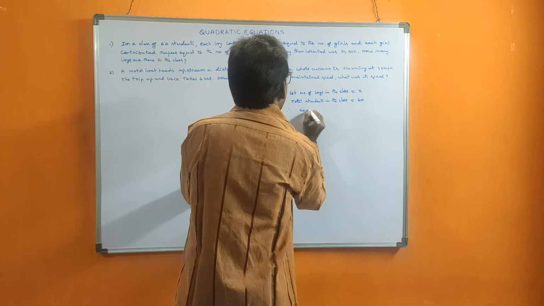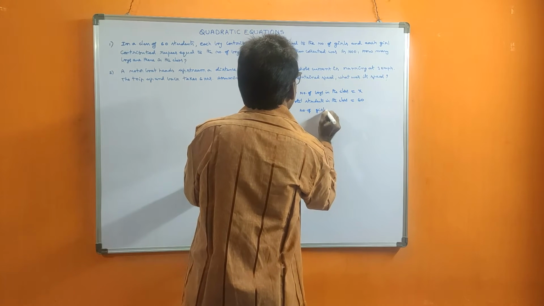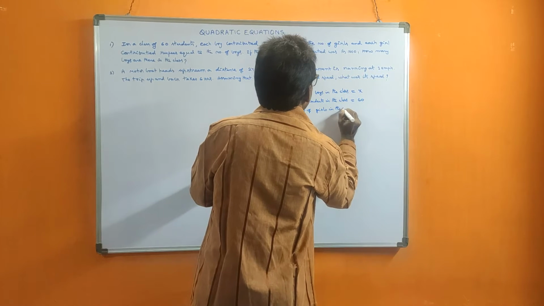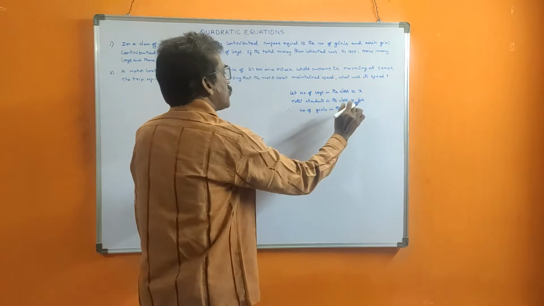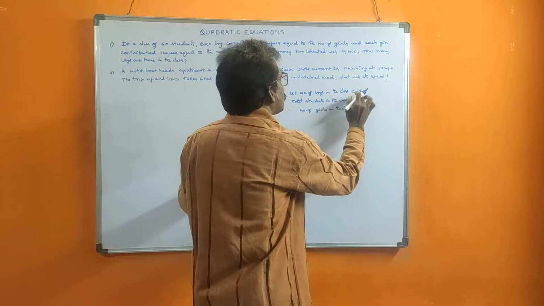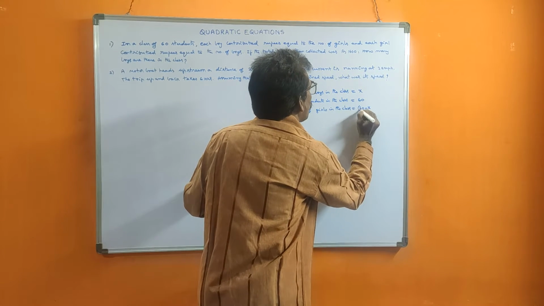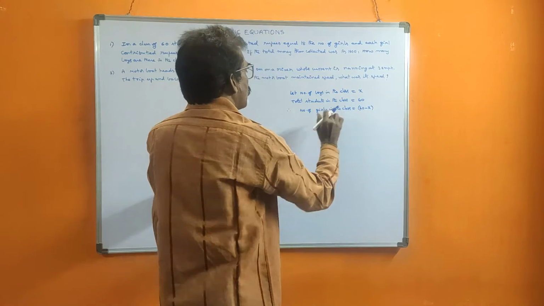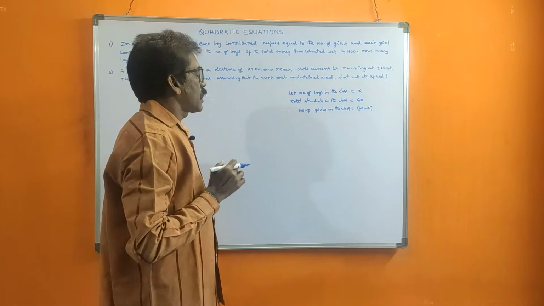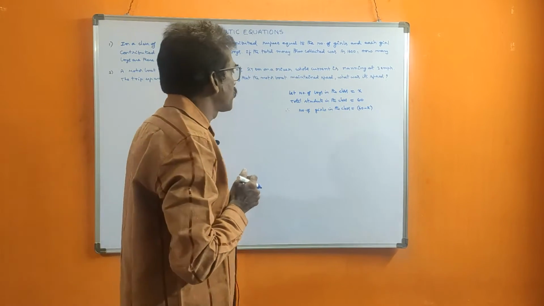Therefore, the number of girls in the class is the total 60 minus the boys x. So, in x terms, we got the number of boys and the number of girls.